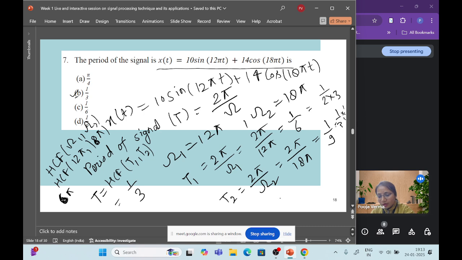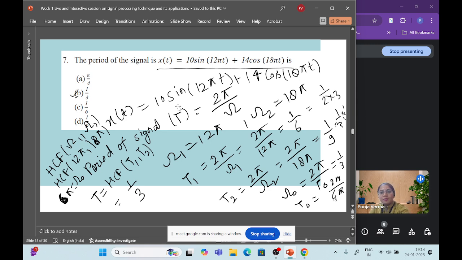So from here you can say that it is omega naught. Omega naught is equal to 2 pi by T naught, so we need to find T naught. That is 2 pi by 6 pi, so from here you also get 1 by 3. Whichever way you find easy, you can solve it to find the period of a signal.